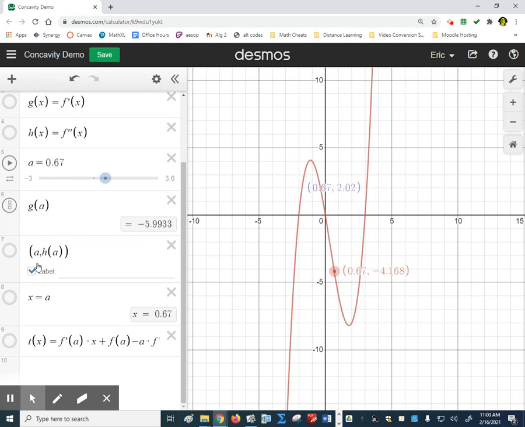This is giving us the value of a and the value of the second derivative. So for any given value of a, this purple ordered pair up here is telling us the value of x and the value of the second derivative. It's just going to hover above our point, the point that's actually on the function.